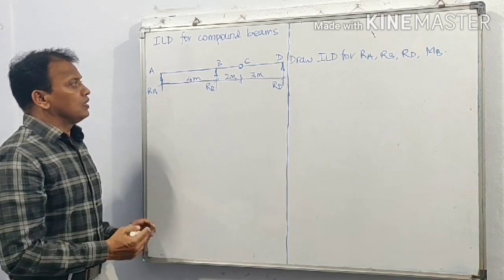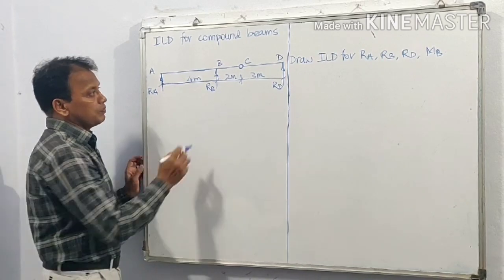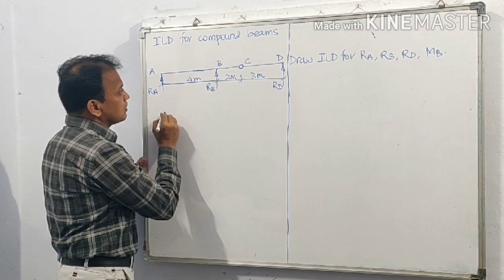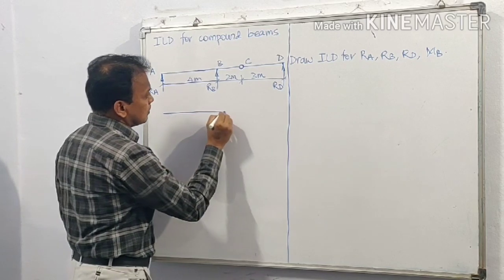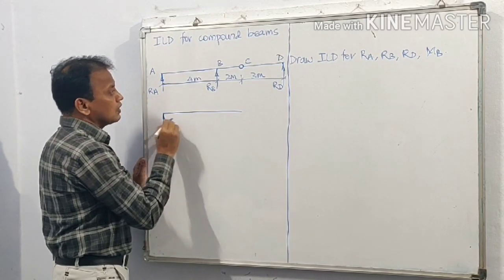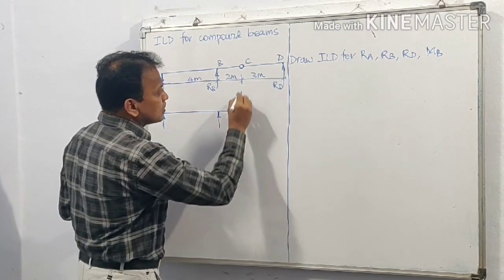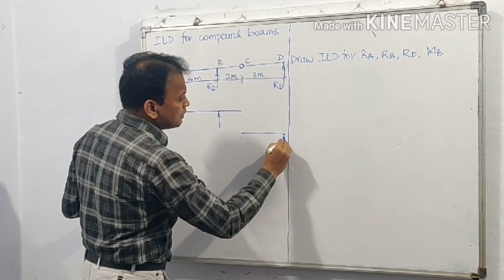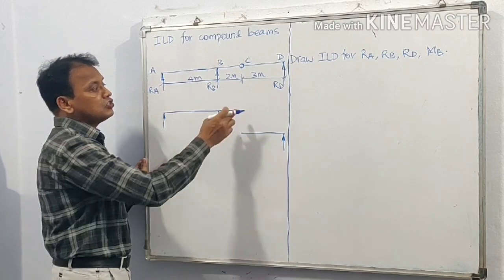Now, let us first calculate reactions for this compound beam. While analyzing this compound beam, the beam is analyzed in this manner. So, the beam is supported at A and at B as it is here. The beam is separated at the hinge.